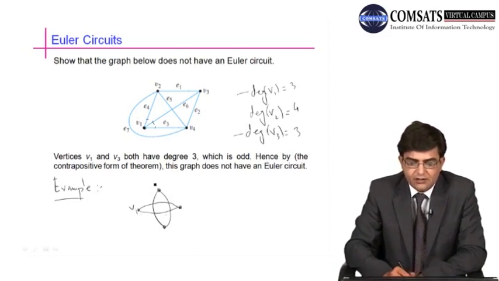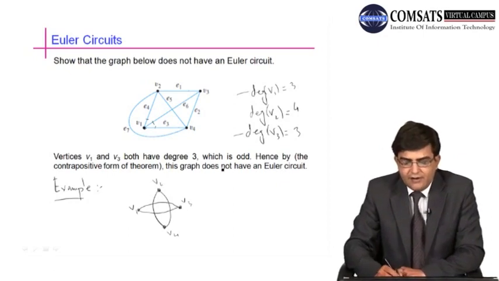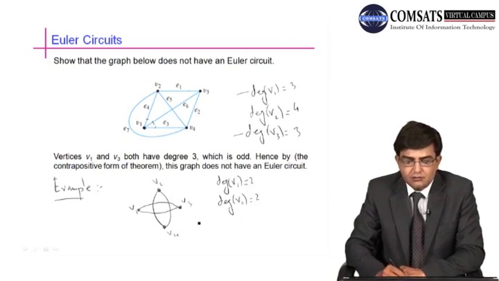For example, this is v1, this is v2, this is v3, this is v4. Now every vertex has degree 2. What is the degree of v1? 2. Degree of v2, what is the degree of v2? It is 2, because there are 2 edges which are incident on v2, to v3 and v4, also on v1. Similarly, we can say that the degree of v3 and the degree of v4 is also 2.